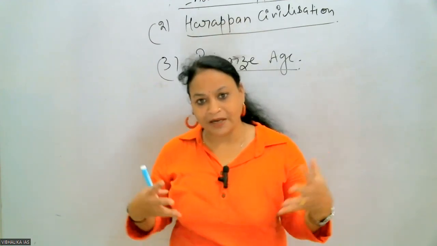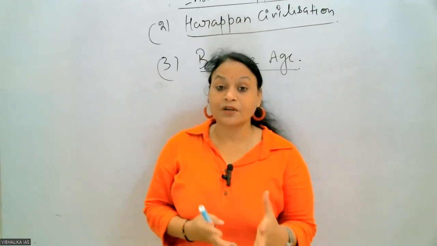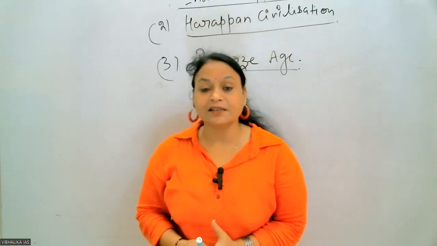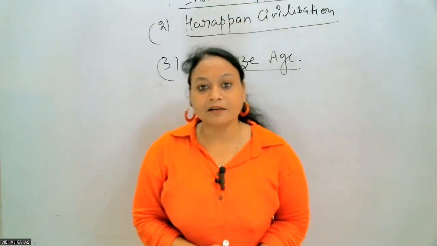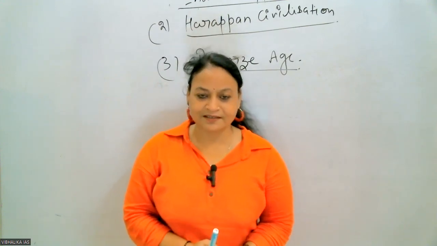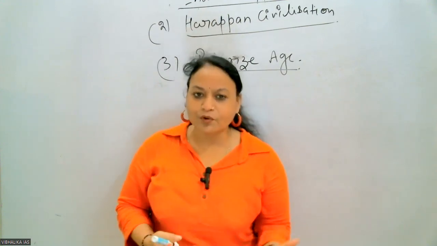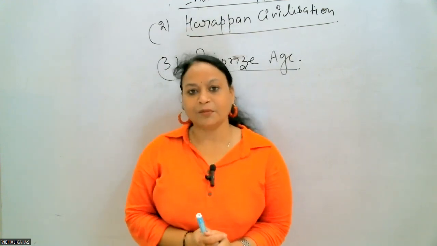They knew how to mix metals to make a new metal and the exact proportion of that metal. So, which metal was used first by people? We know copper, right? Copper is the first metal used by human beings.